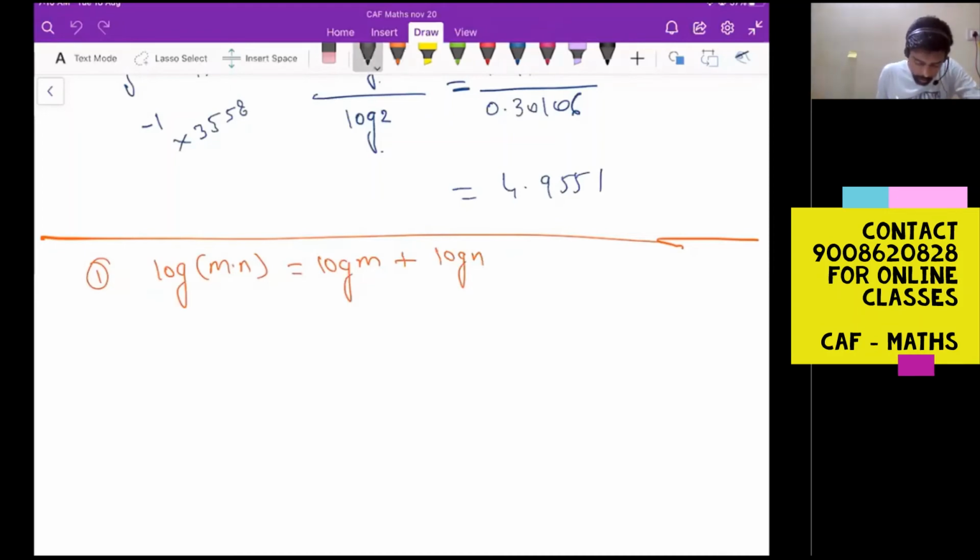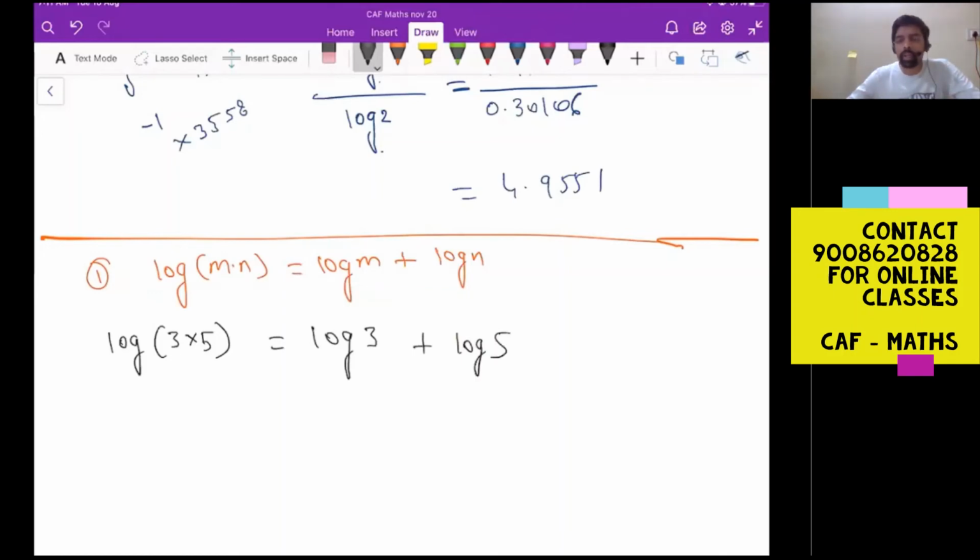Now using this property, tell me how to write log of 3 into 5. Log of 3 into 5 can be written as log 3 plus log 5.